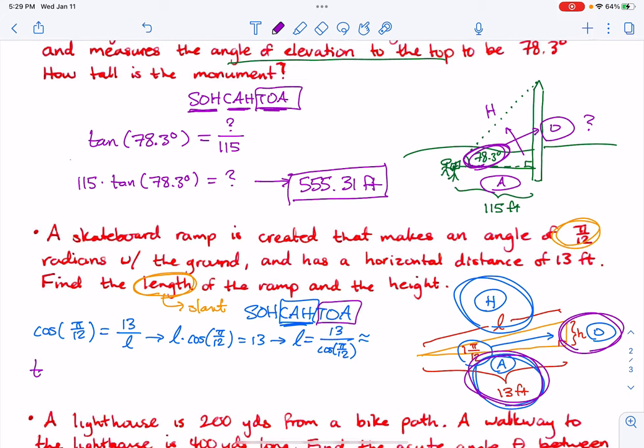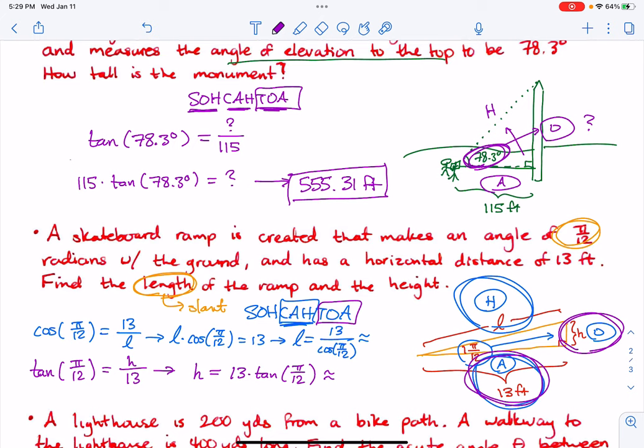So we're using tangent here. Right, so that's going to be H over 13. And this one, just multiply both sides by 13, and we'll get that H equals 13 times tangent of pi over 12. And so we'll get both dimensions of the ramp.